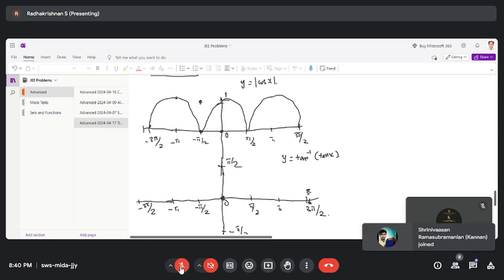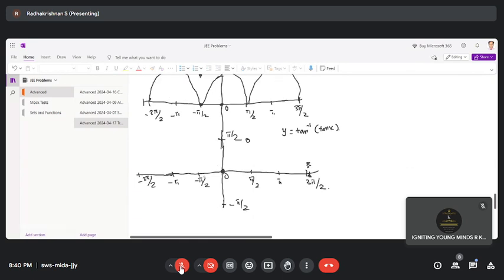That is here. This particular point will be excluded. So all other points in the range, tan inverse of tan x will be same as x. So it is like y equals x. So this is your line.